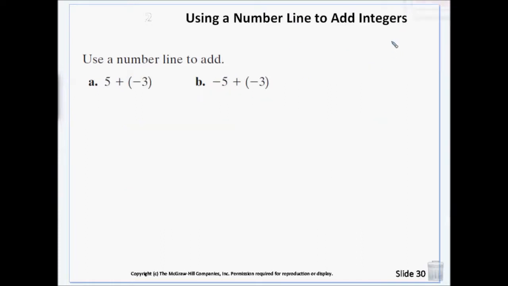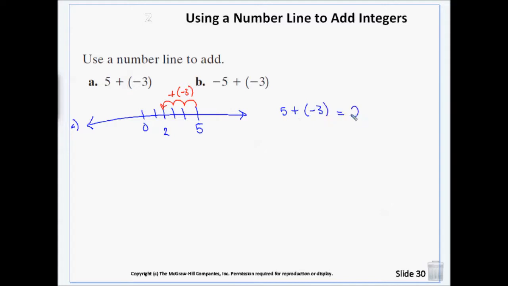But then I'll show you what to do in place of a number line. So if we're going to start with a positive 5, I'm going to start at 0 and go 1, 2, 3, 4, 5. This time I'm going to add a negative 3, so I'm going back 3. So that's plus negative 3. So negative goes in the opposite direction, and that lands me at 2. So 5 plus negative 3 is equal to 2.